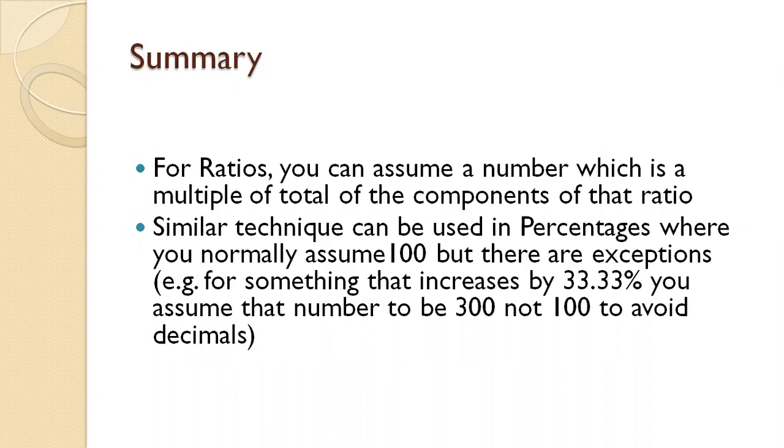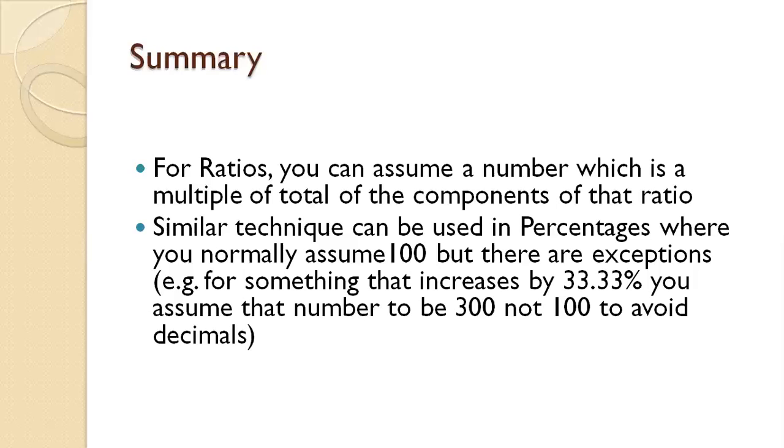A very similar technique can be used in percentage questions, where you normally assume the number whose percentages you are finding to be 100. But at times there are exceptions, mainly to avoid decimals. So for example, if you know that something is increasing by 33.33%, you assume that number to be 300 and not 100.